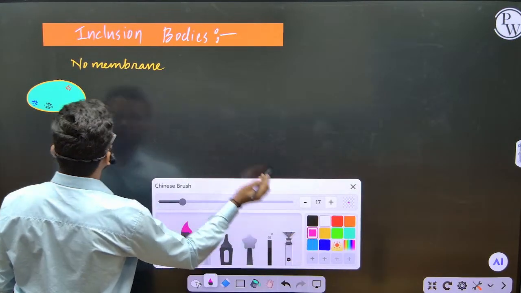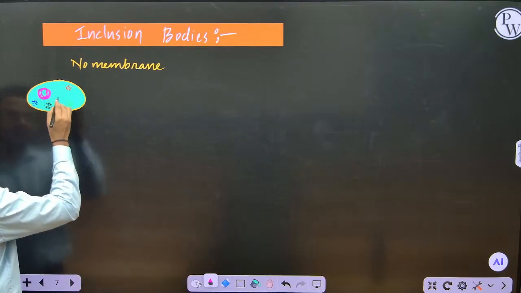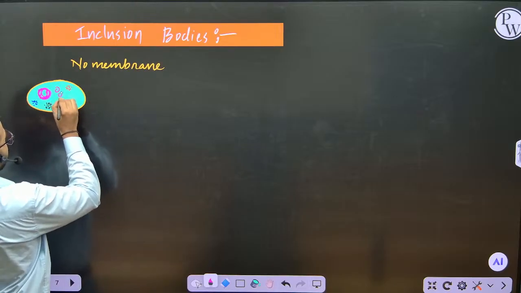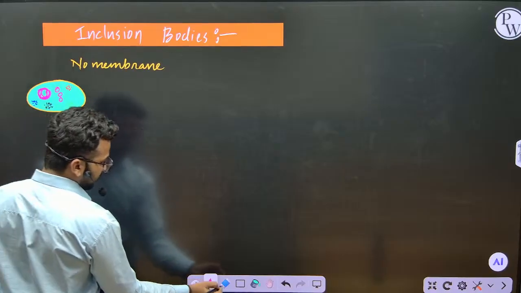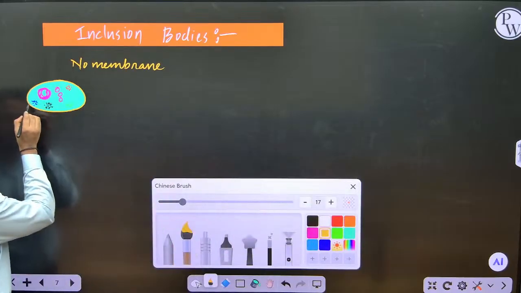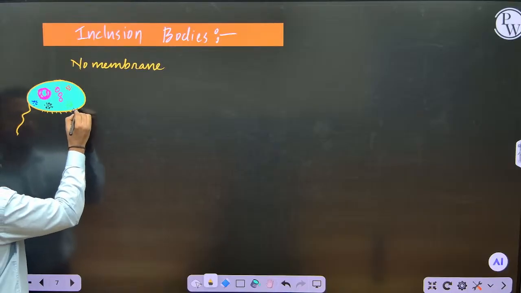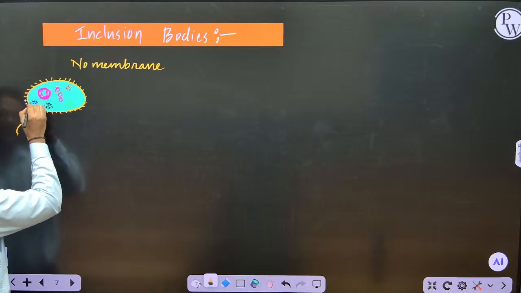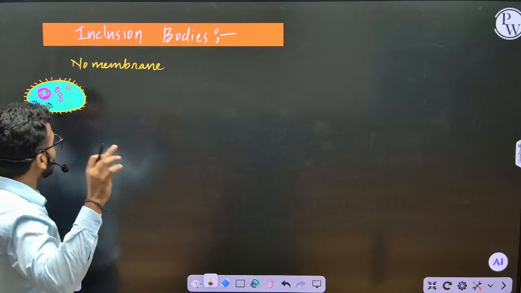And at the center, what will be there? Genetic material. And even plasmids are seen here, small circular plasmids. And the cell membrane extends like a flagellum, and it has many pili. So it is the prokaryotic cell. Now what we are discussing is inclusion bodies, which don't have any membrane.